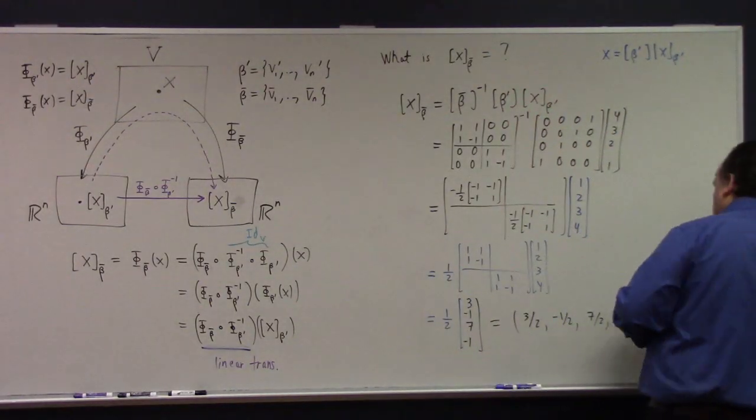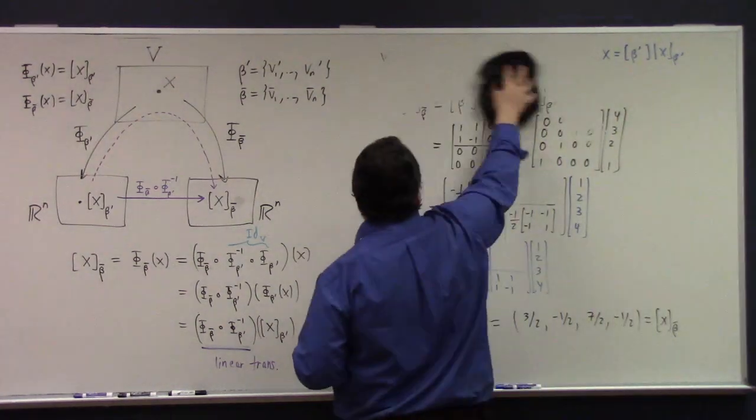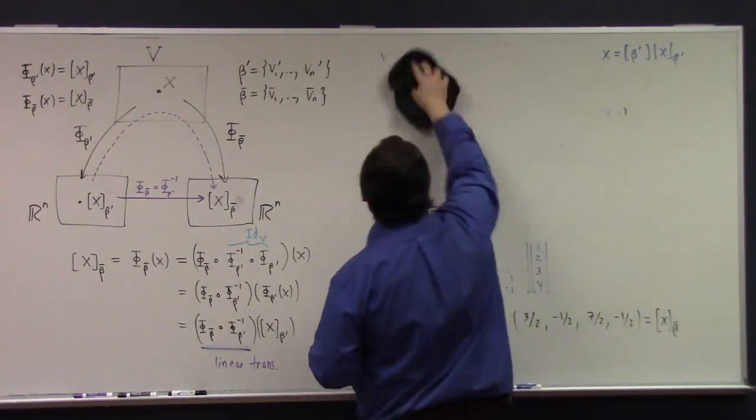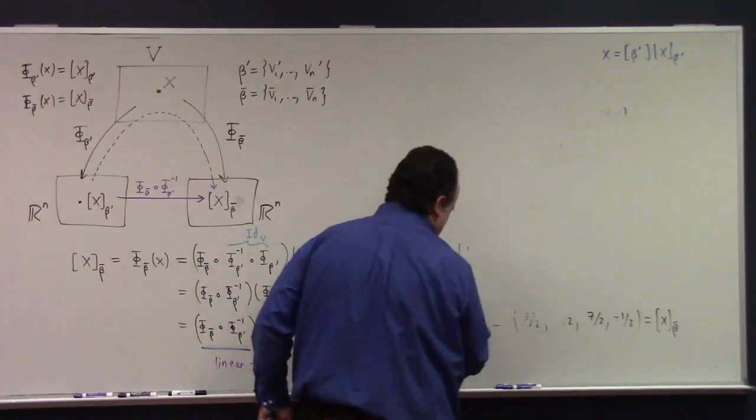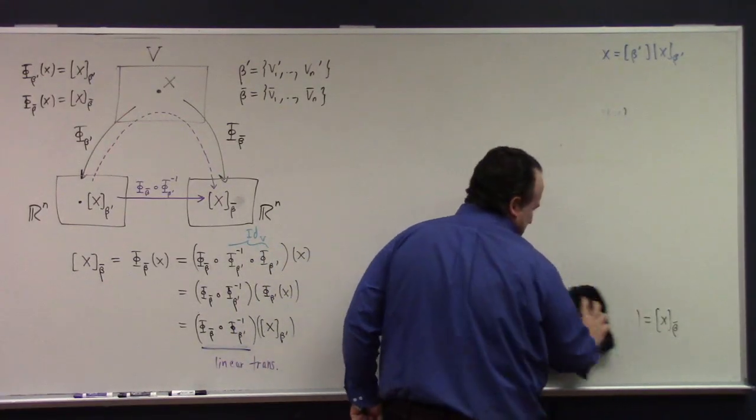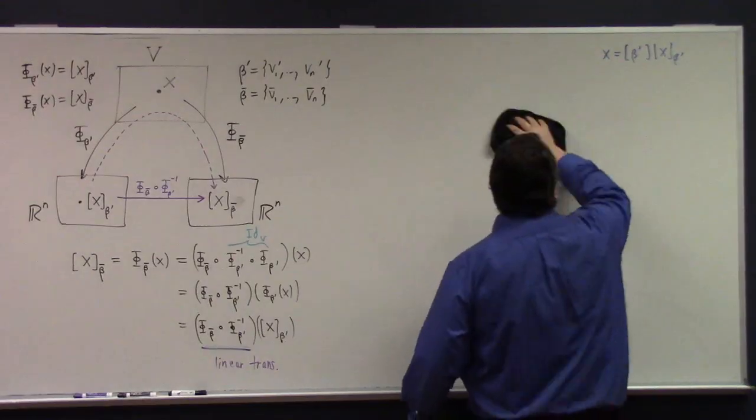A lot of people like to look at the coordinate change for vectors formula. Oh, getting in my eyes. Not good. Let's see here.